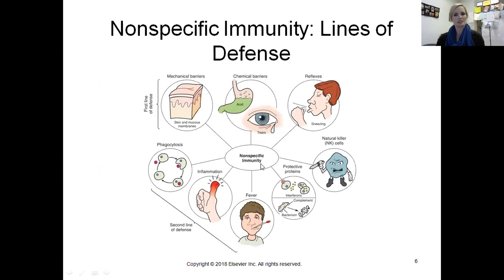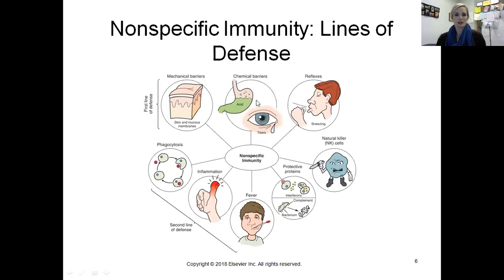So we have our non-specific immunity, as I mentioned, our physical and chemical barriers is the first line up here. So we have our skin and mucous membranes as those mechanical barriers. For the chemical barriers, inside our nose we do have that mucous membrane, but also inside of our mouth we have saliva.